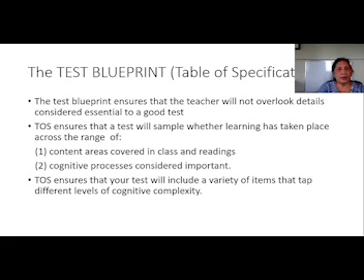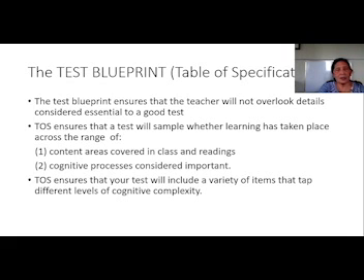The test blueprint ensures that the teacher will not overlook details considered essential to a good test. So the TOS ensures that a test will sample whether learning has taken place across the range of, one, content areas covered in class and reading.